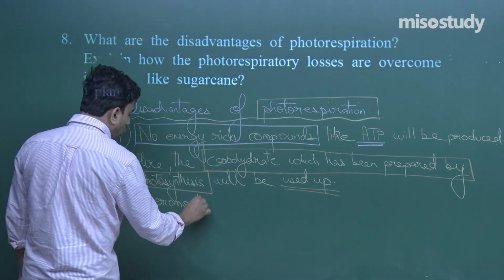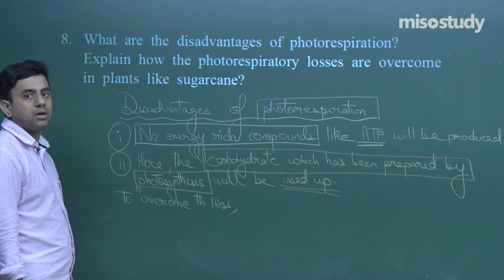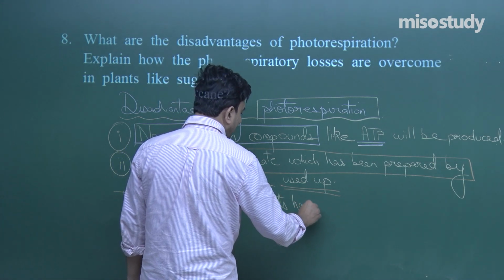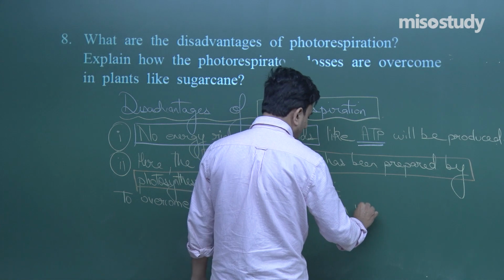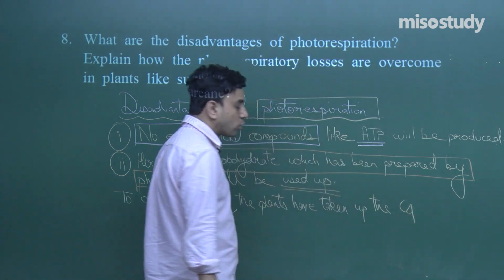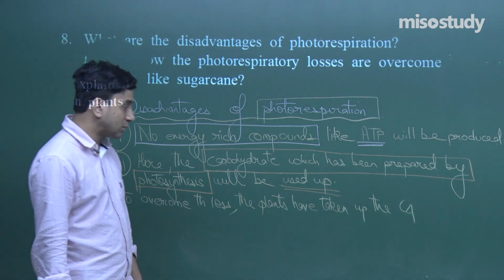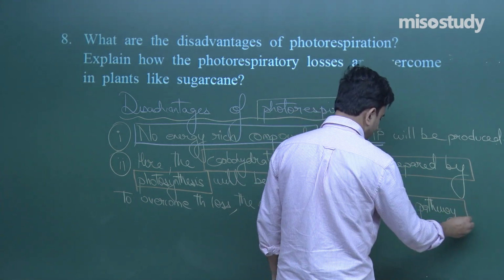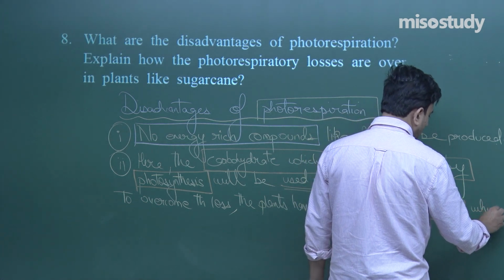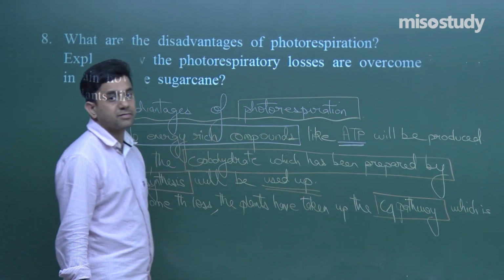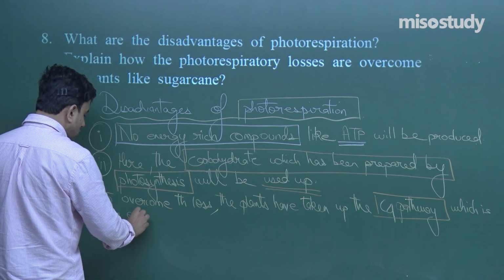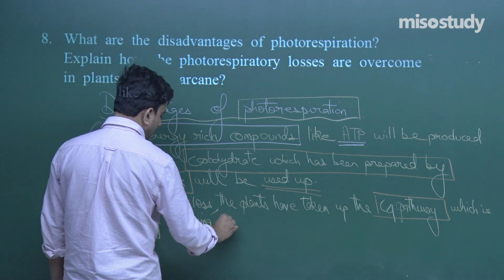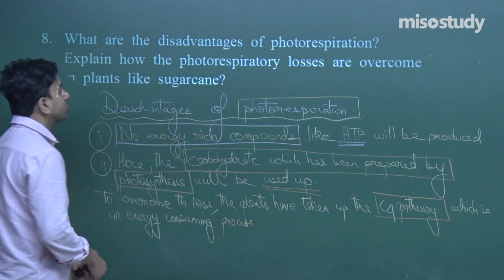To overcome the loss, the plants have taken up the C4 pathway, which is an energy consuming process, right.